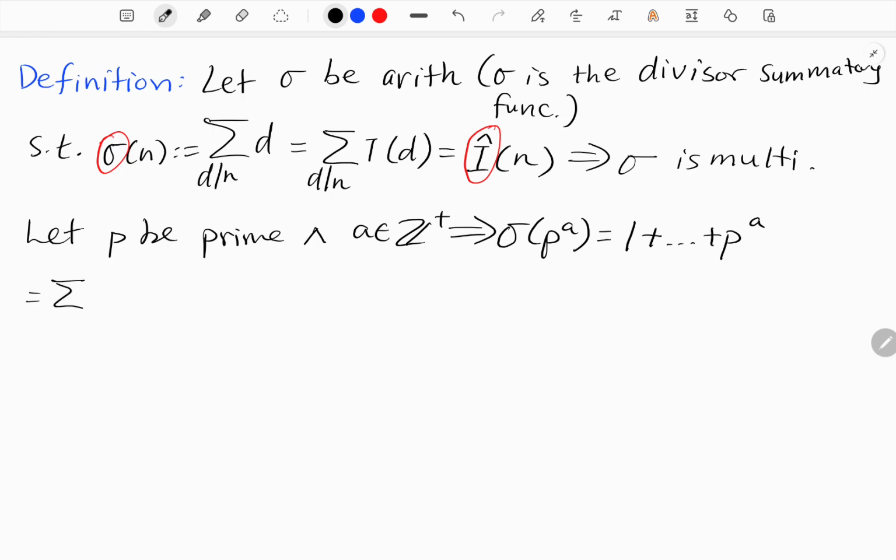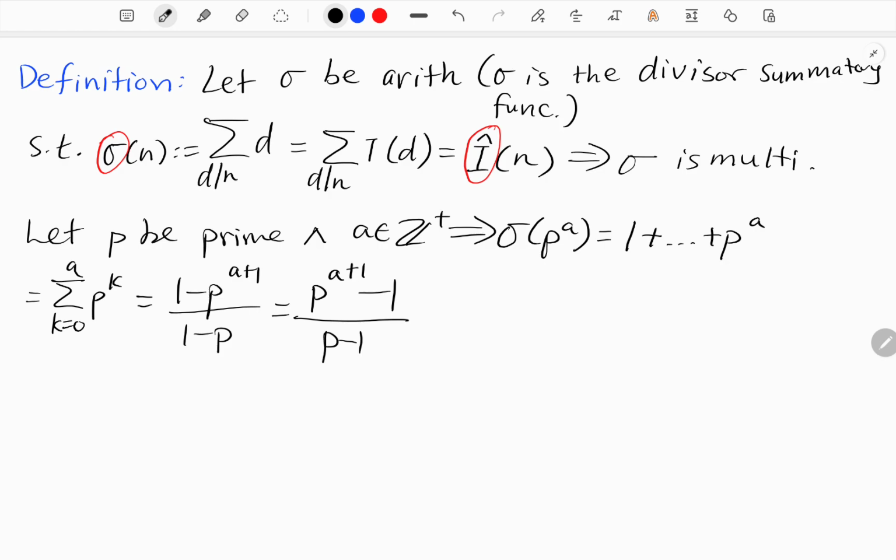It's just the sum from k equals 0 to a of p to the power of k. This is 1 minus p to the power of a plus 1 over 1 minus p, if you know your geometric series formula. If you multiply top and bottom by -1, you also get that this is equal to p to the power of a plus 1 minus 1 over p minus 1. Okay, but I'm going to stick with this 1 minus p version instead.